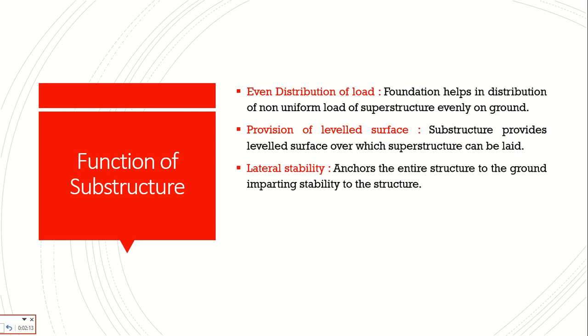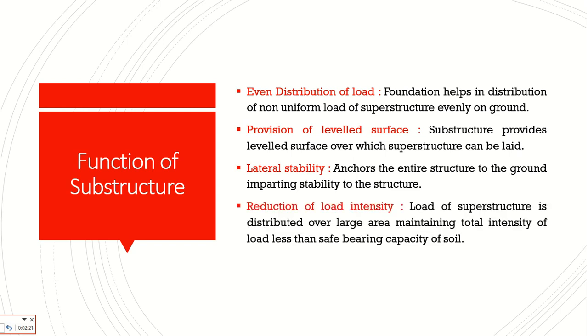Lateral stability. It anchors the entire structure to the ground, imparting stability to the structure. Reduction of load intensity. Load of a superstructure is distributed over a large area, maintaining total intensity of load less than the safe bearing capacity of soil.